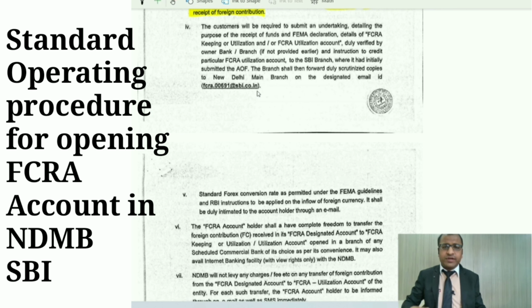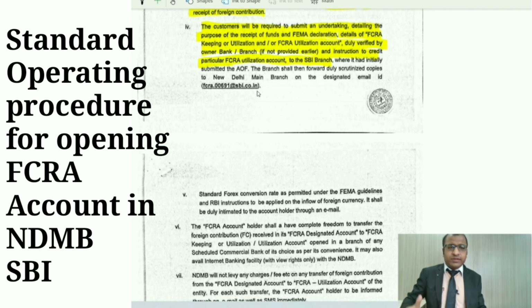Each time when you are transferring the money from the SBI NDMB to your existing FCRA designated bank account or any utilization account, you will be required to submit an undertaking detailing the purpose of the receipt of funds along with the FEMA declaration and the details of the FCRA existing bank account or the FCRA utilization account in which you want the SBI branch to credit your amount.